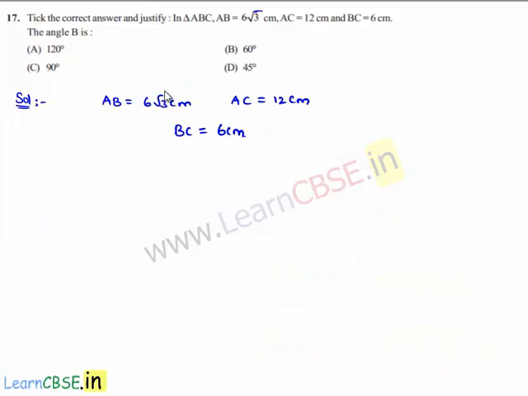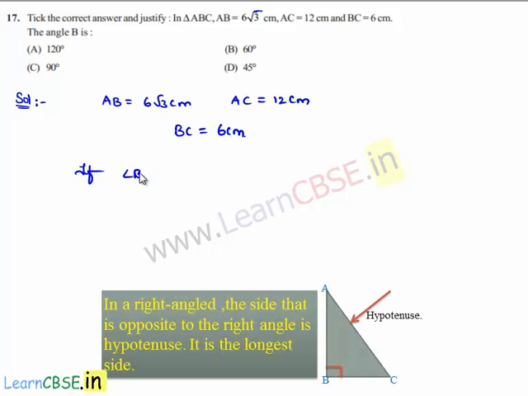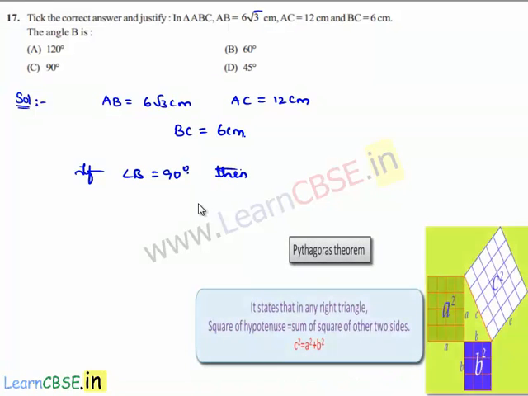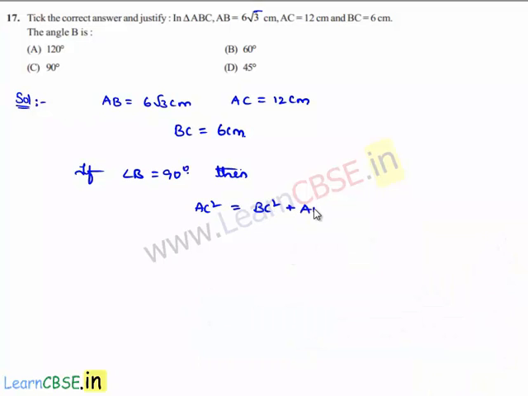So he is asking about angle B. Let us verify whether angle B is 90 degrees or not first of all. Here, if angle B is equal to 90 degrees, then by the Pythagoras theorem we can say that AC square must be equal to BC square plus AB square.